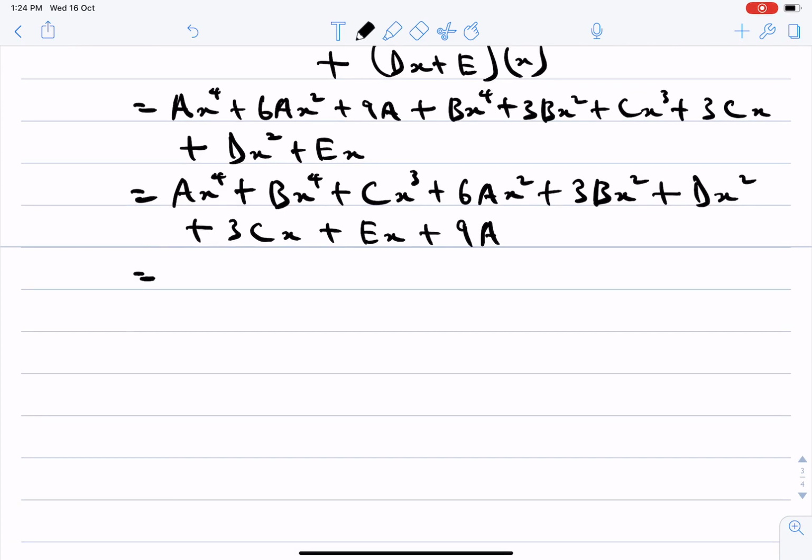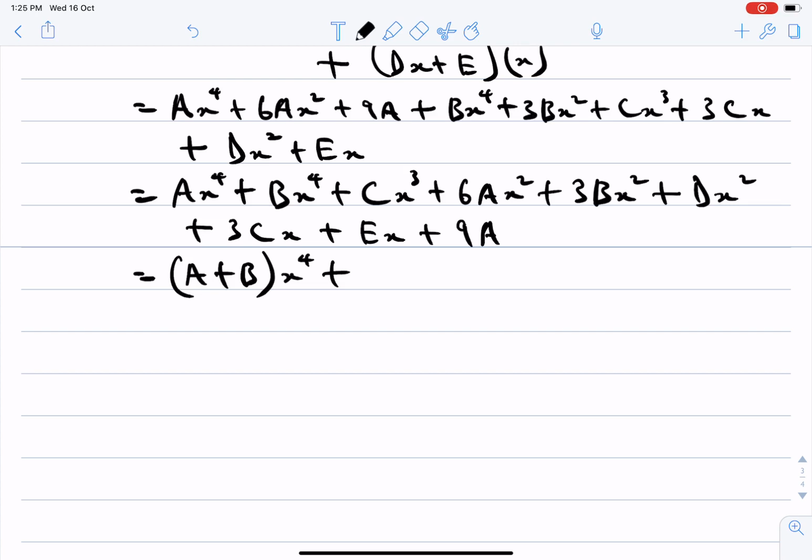Now, let me factor out the common terms. I'm factoring out the common variables.